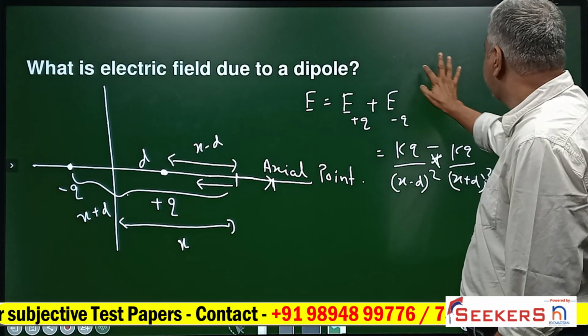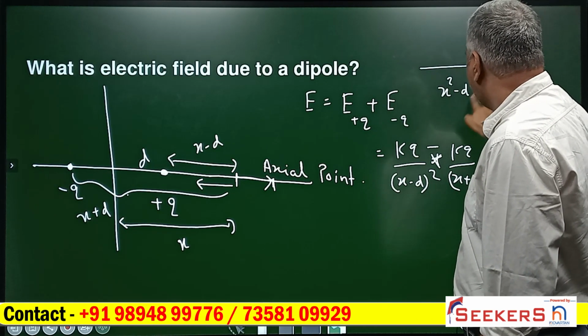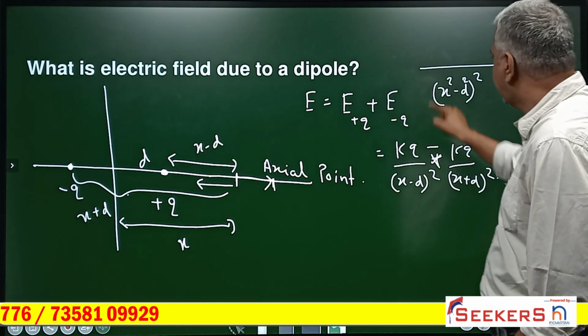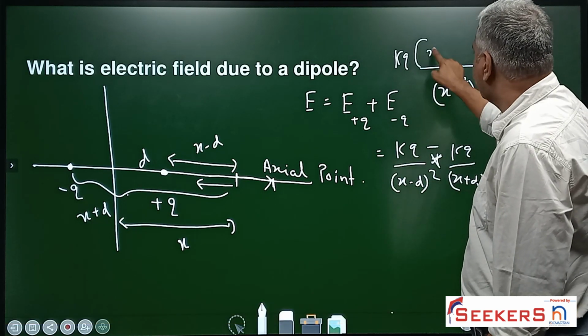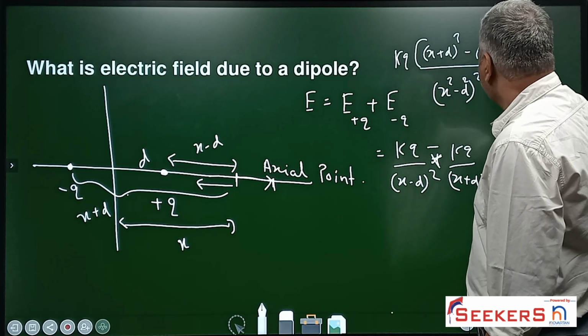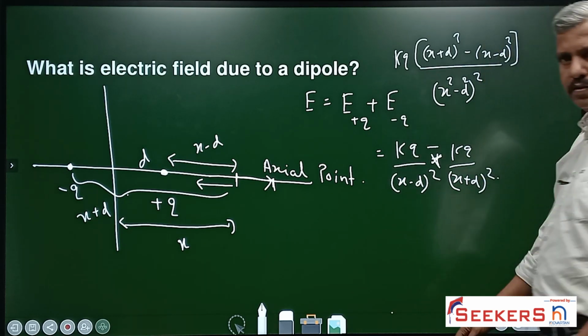So if I perform this operation, I will get the answer. So let me take the LCM. So the LCM will become x square minus d squared, the whole squared, and kq is common to both. So I will get x plus d the whole squared minus x minus d the whole square. Okay.